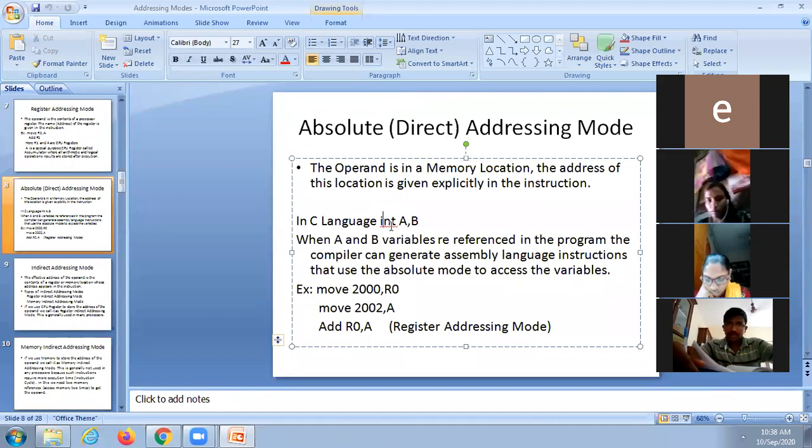Here, that indirect address is either stored in the register or stored in the memory.